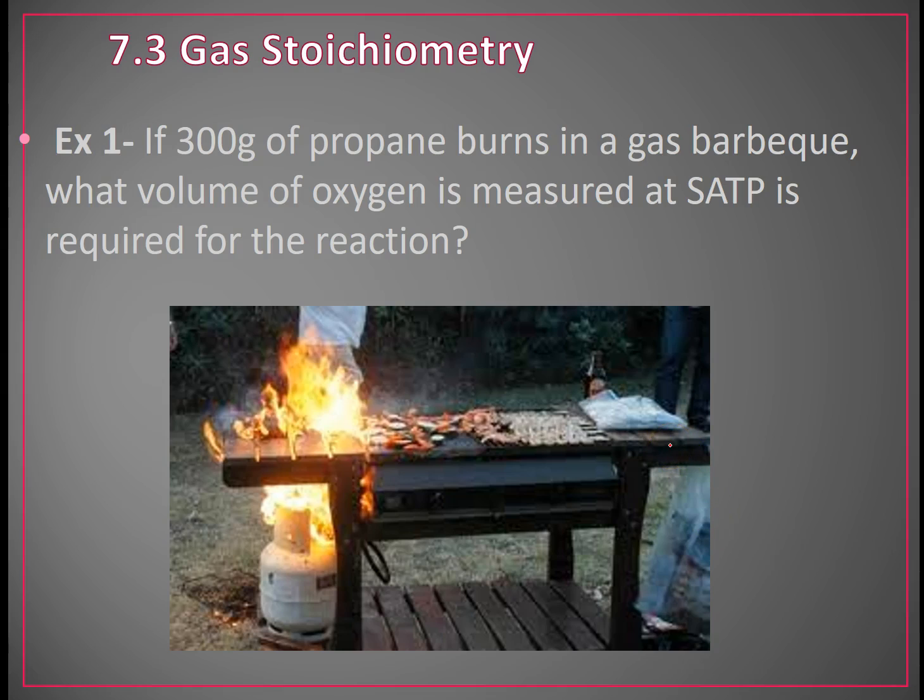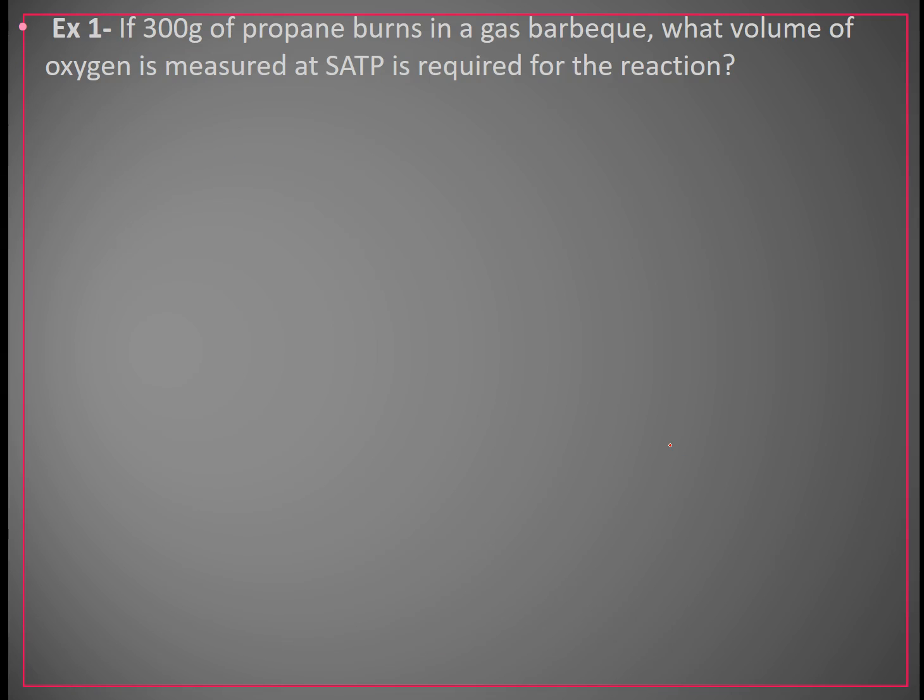So here's this example. If 300 grams of propane burns in a gas barbecue, what volume of oxygen, measured at SATP, is required for the reaction? First thing I need to do is write out the balanced equation. Propane is one of those chemical formulas you should know from the first unit, chemical bonding.